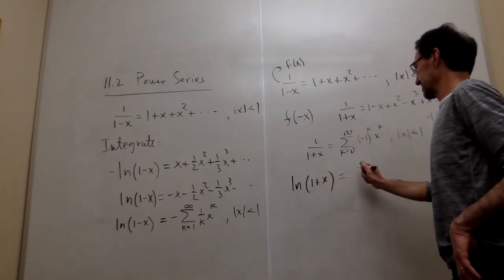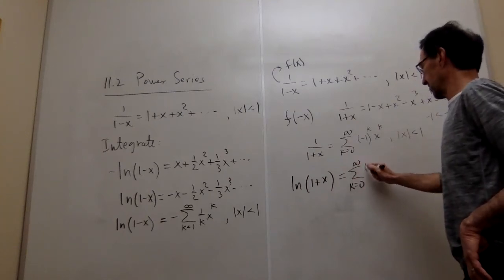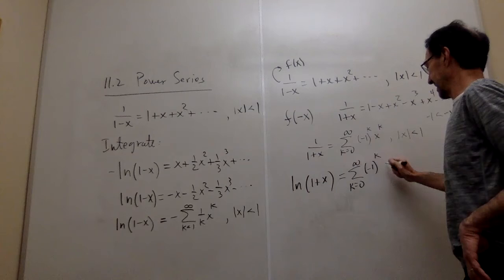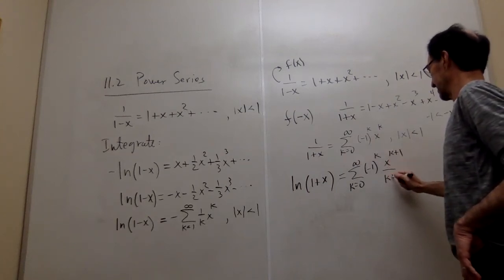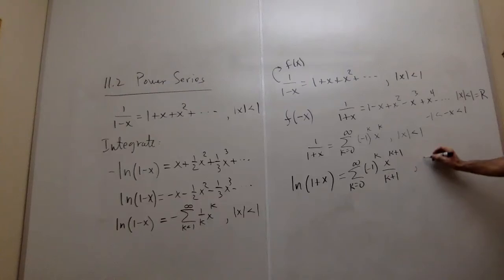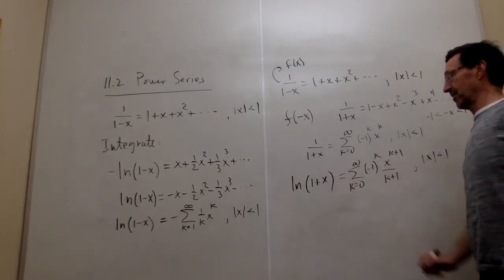And then I get the summation k equals 0 to infinity, minus 1 to the k, that's a constant, and then I get x to the k plus 1 divided by k plus 1. And that is true inside the radius of convergence. So we get a power series that converges to the natural log of 1 plus x.